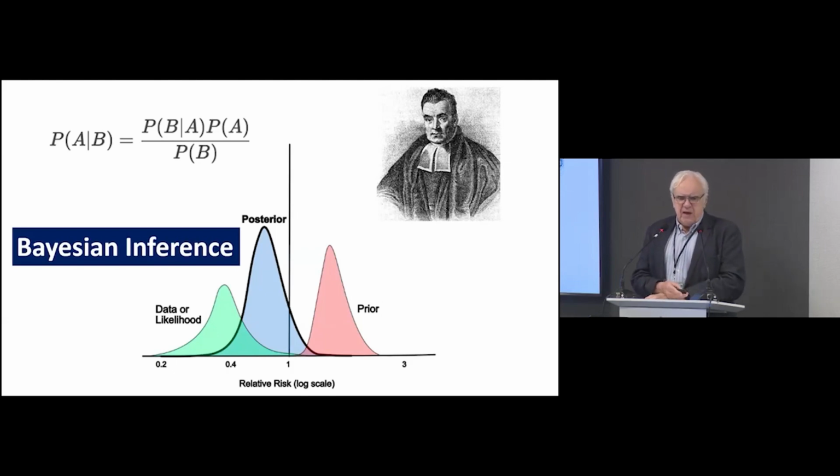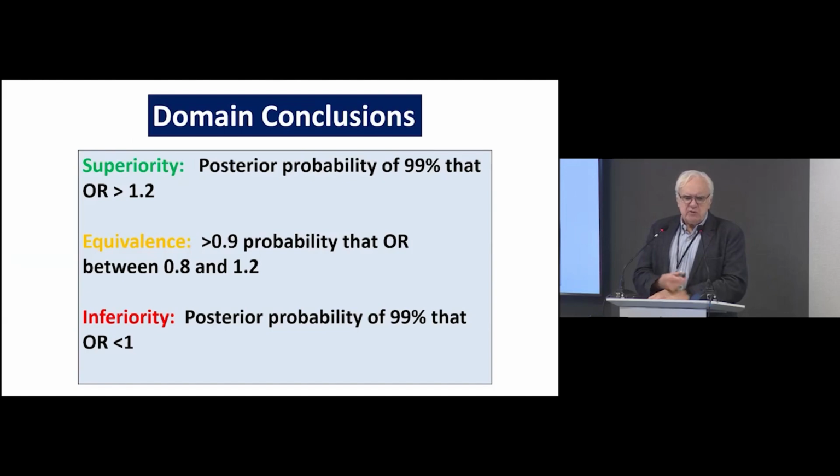And so in a Bayesian analytic model, you are looking at the distribution of probabilities for the two or more different groups, and looking at the probability that that distribution is occurring randomly. I won't go into too much more, but in REMAP-CAP, what we are looking at is the odds ratios for the outcome. In the COVID-19 iteration, it was organ support-free days over 21. In non-COVID, it's survival at 90 days.